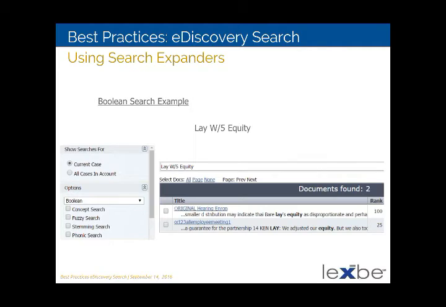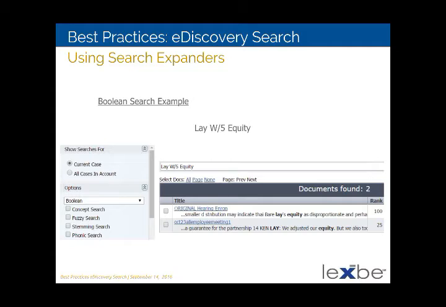So here's an example of that pre/N Boolean operator that I showed you. Our example here is from the famous Enron case. So we're searching for any documents with the name Lay within 5 words of the word equity. So you can see we've chosen the Boolean operator here to indicate to our platform that we want the Boolean operators to be guiding the search engine here.